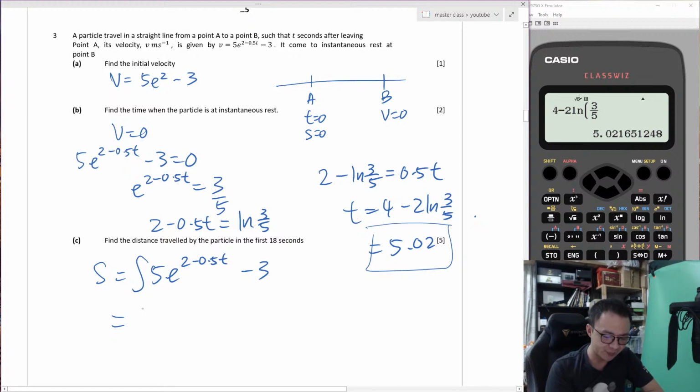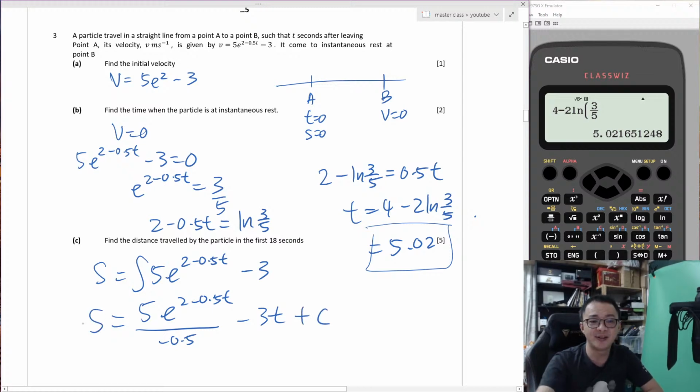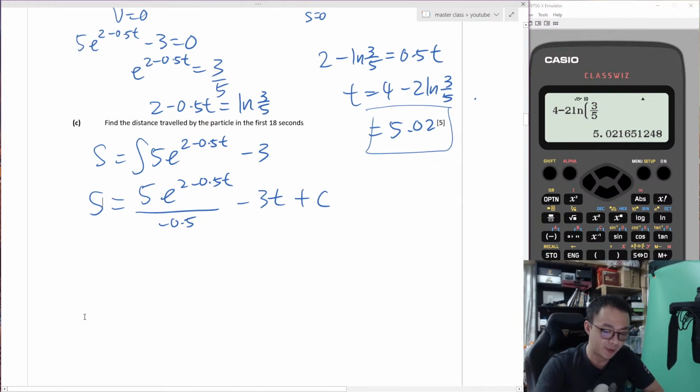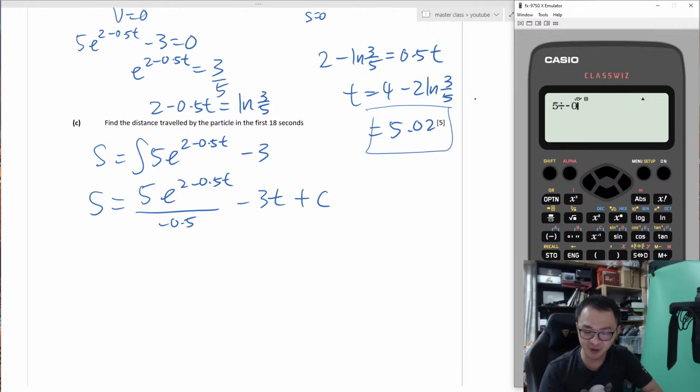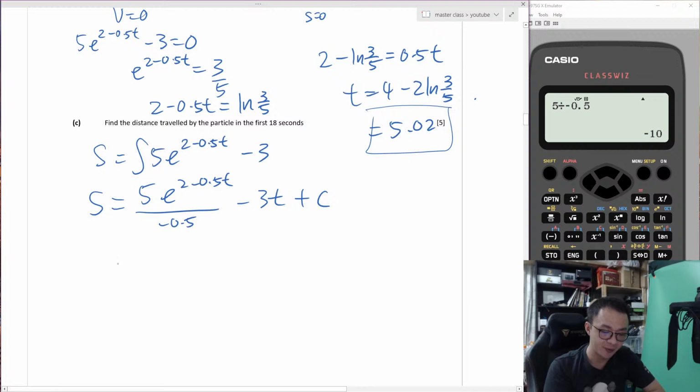So this is 5e^(2 - 0.5t) divided by negative 0.5, minus 3t, plus c, equals my s here. And then 5 divided by negative 0.5 should be negative 10, right? Yeah, it's negative 10 here. So I have negative 10 e^(2 - 0.5t) minus 3t plus c equals s.